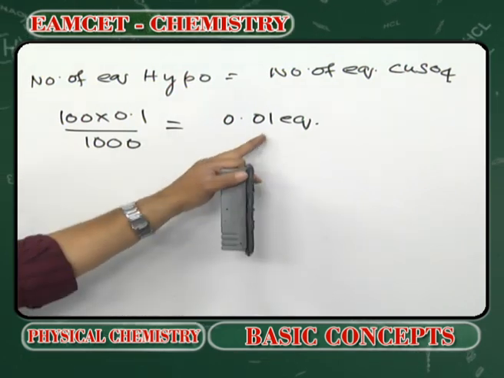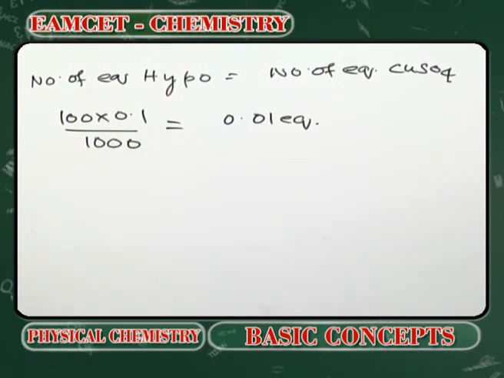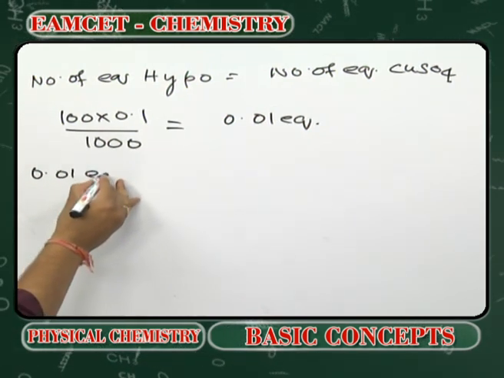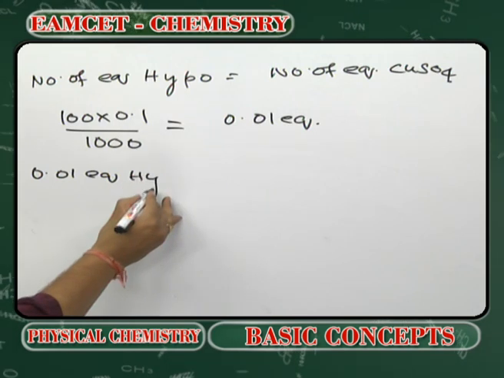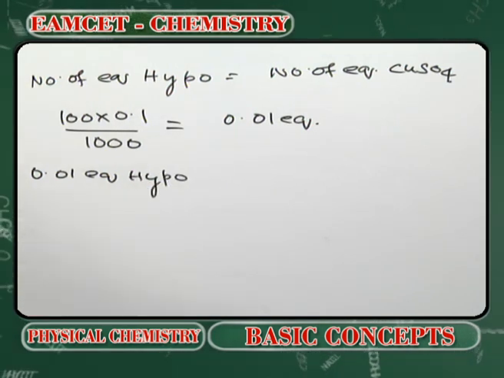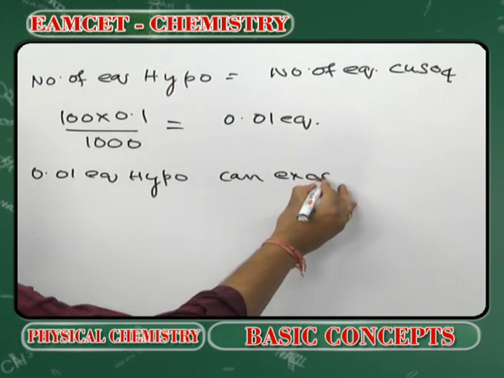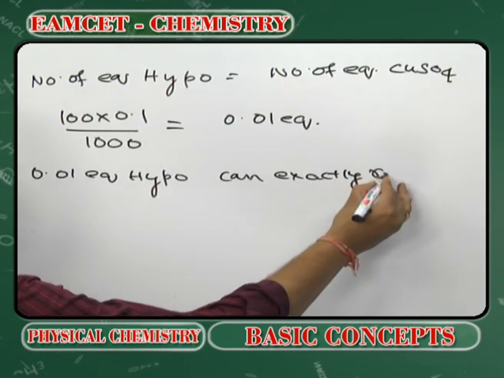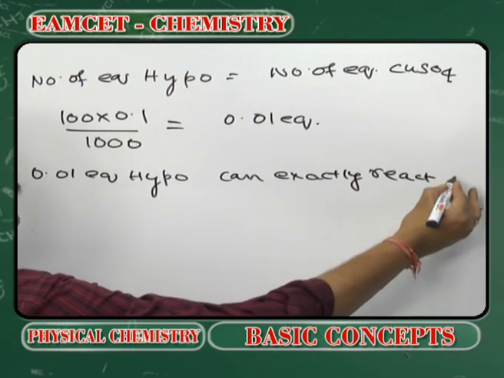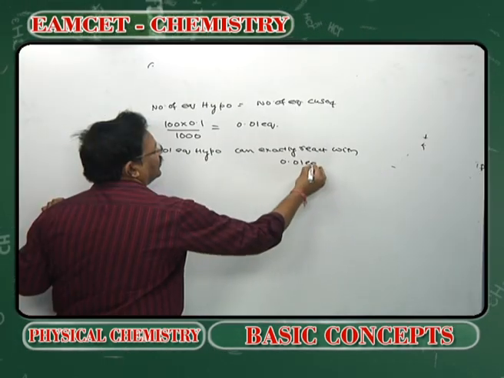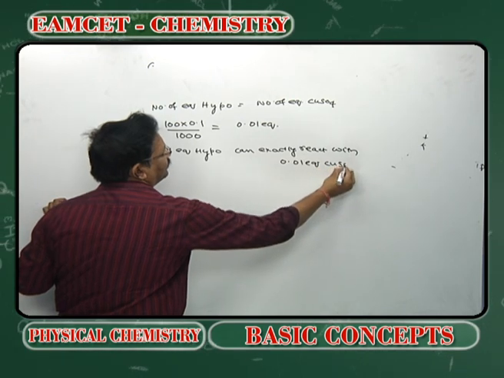So 0.01 equivalents of hypo can exactly react with 0.01 equivalents of copper sulfate.